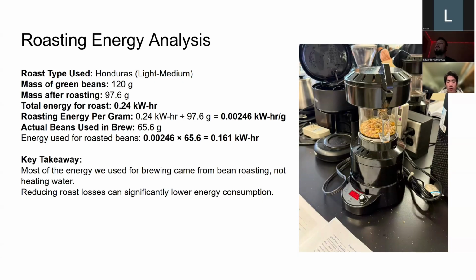Since our final brew used 65.6 grams of coffee, the total roasting energy attributed to the brew is around 0.161 kilowatt hours. This calculation shows that roasting is one of the main contributors to total energy usage. So improving roast efficiency is an important factor in minimizing overall process energy.